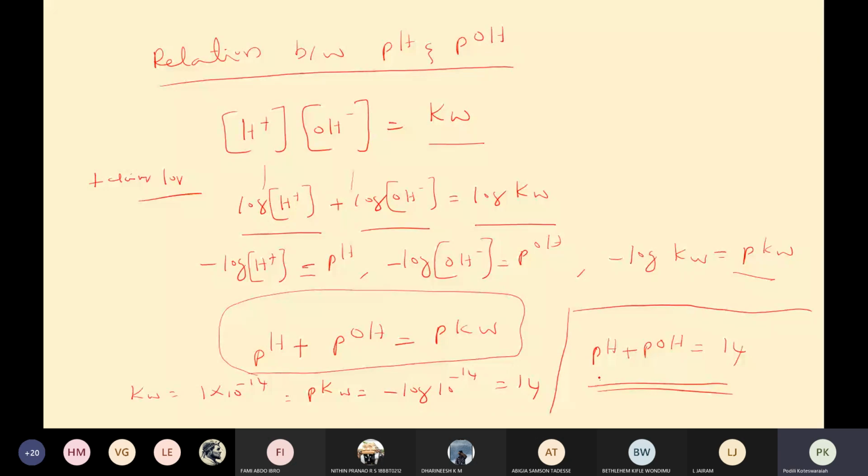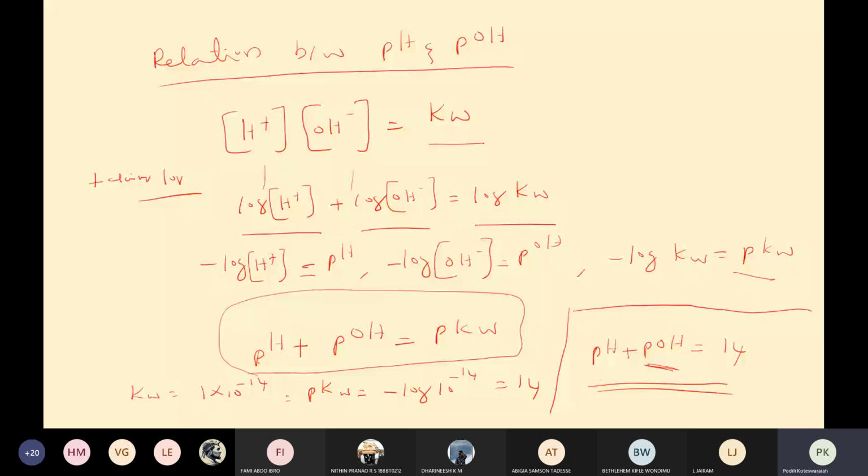Therefore, pH plus pOH is equal to 14. That means if you know the pH, you can calculate the pOH using this relation, and if you know the pOH, you can also calculate the pH of the solution. So this is about this one.